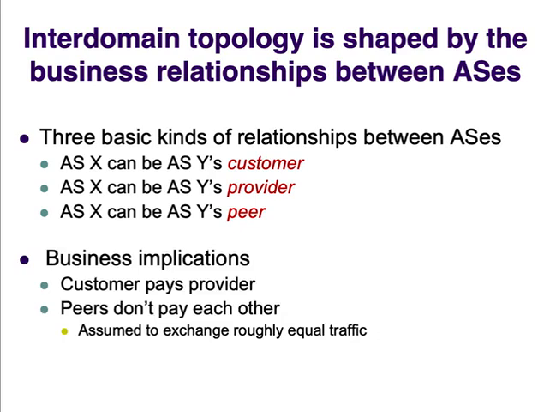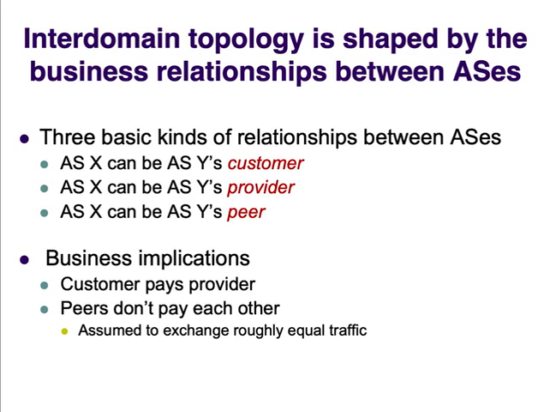The business implication is if you're a customer, then you're paying your provider. So customers always pay providers, and peers don't pay each other. They exchange traffic, but they don't pay each other for that exchange. So as an example, you can think of Berkeley signing up with AT&T in order to connect to the rest of the internet. Berkeley would be AT&T's customer, and AT&T would be Berkeley's provider.